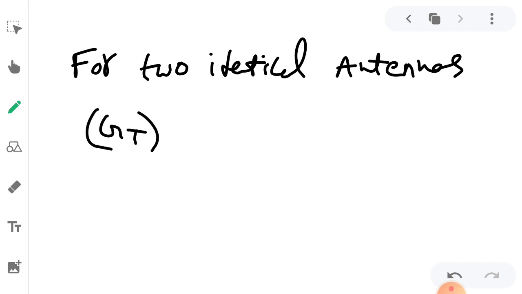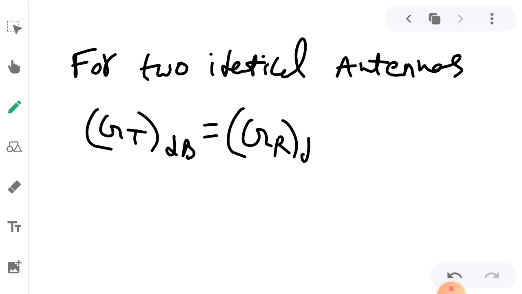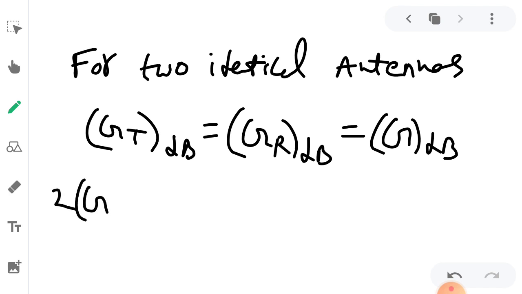So that is why we use the two antenna method, that is gain of the transmitted antenna is equal to gain of the receiver antenna is equal to generalized G we take in decibels. So the left hand side becomes 2G in decibels.